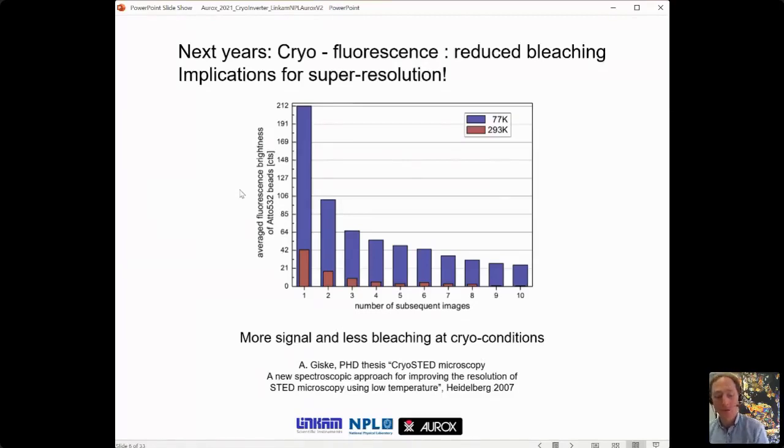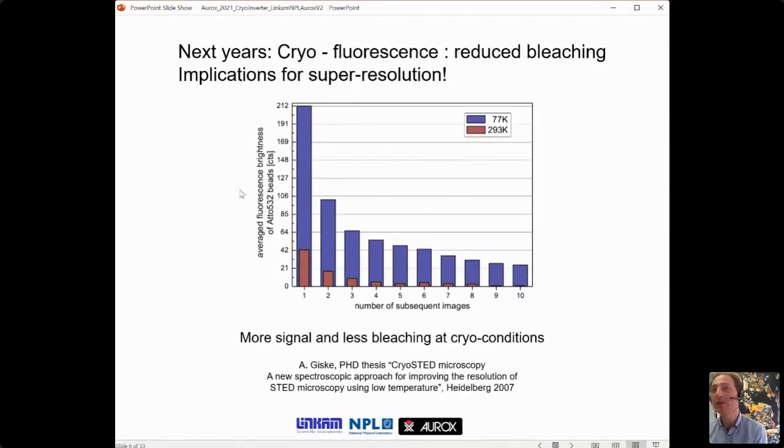All the mechanisms are not yet understood, but it's assumed that the diffusion of oxygen plays a major role in the bleaching events. Because you limit diffusion when you have a cryo embedding, you are also reducing the bleaching events dramatically.